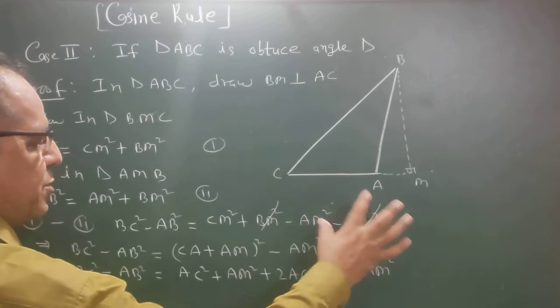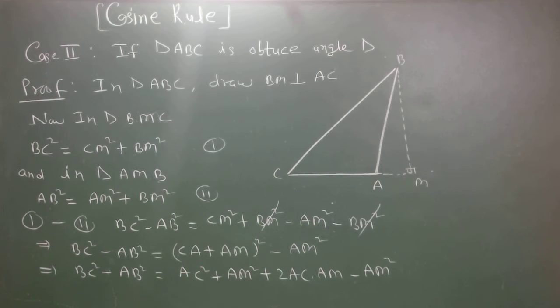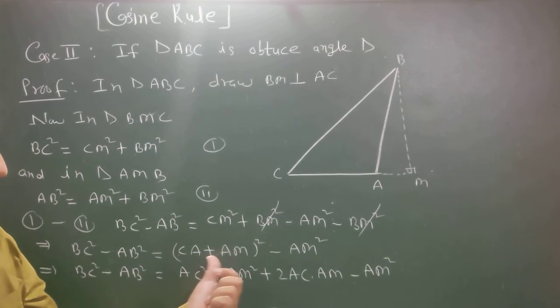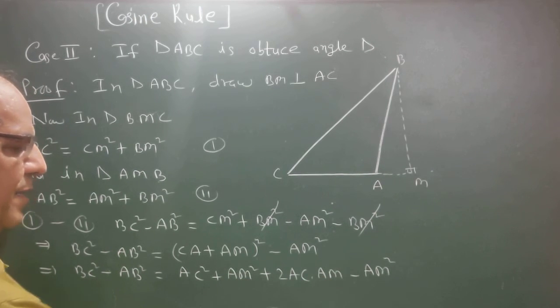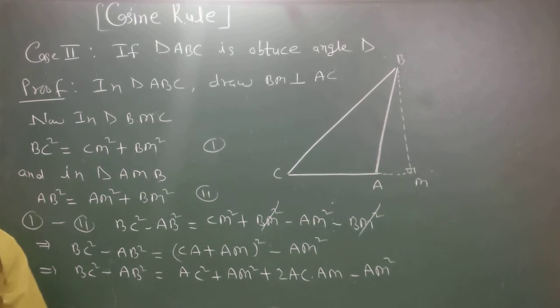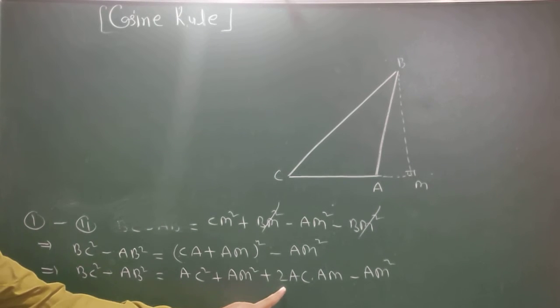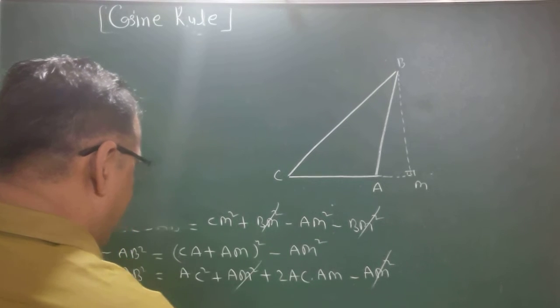BM square and BM square cancel out. So now CM can be reduced as CA plus AM whole square minus AM square. Now apply the identity A plus B whole square. We have AC square plus AM square plus 2AC into AM minus AM square. So now here BC square minus AB square equal to AC square plus AM square plus 2AC into AM minus AM square. AM square cancel out.